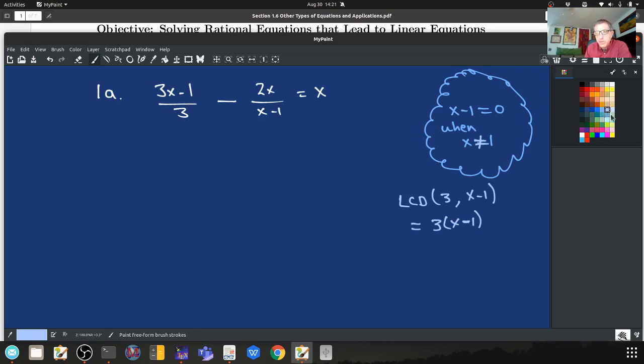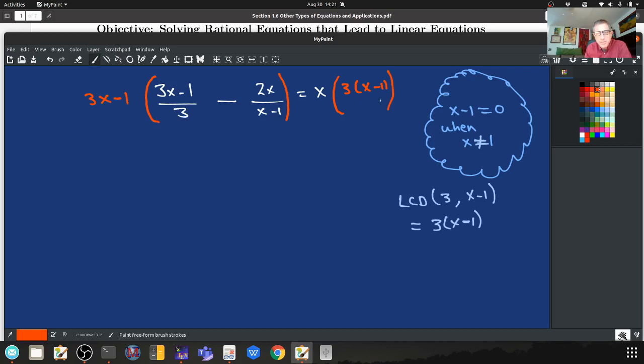So we're going to multiply both sides of our rational equation. I'm going to go ahead and get rid of this 1a here. I want some room to move. We're going to multiply both sides by the LCD, 3 times x minus 1.